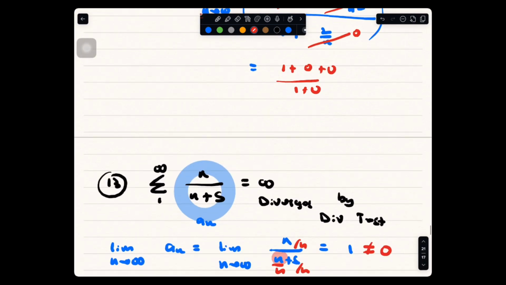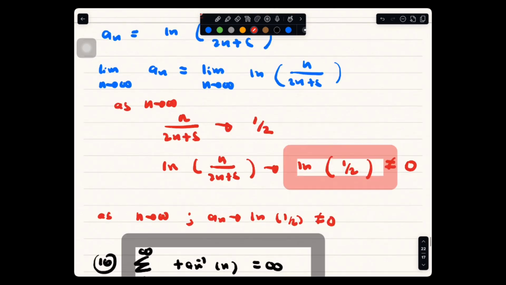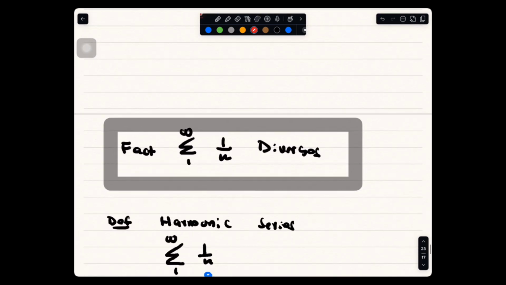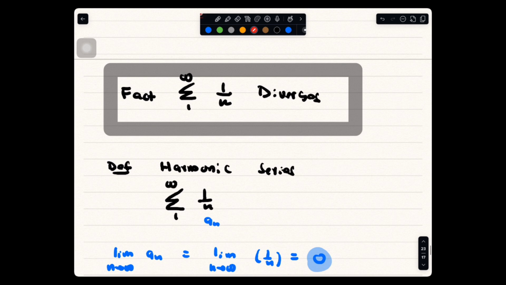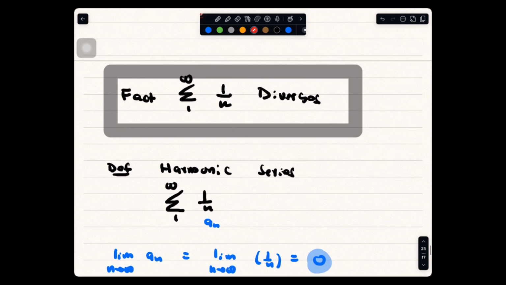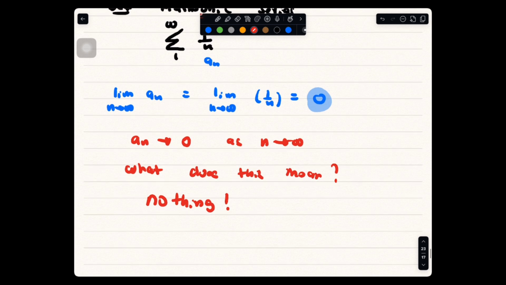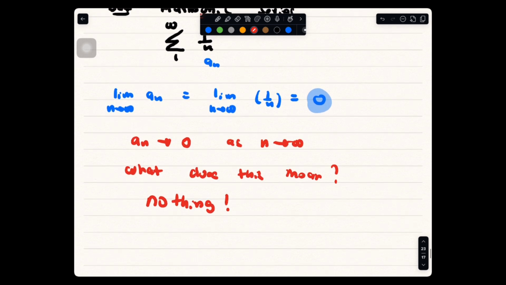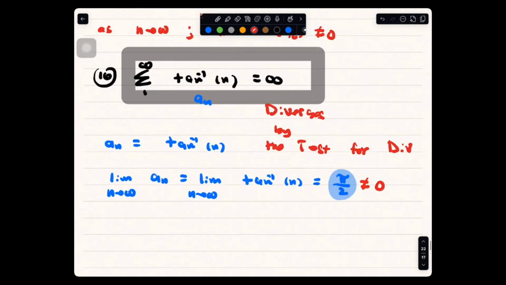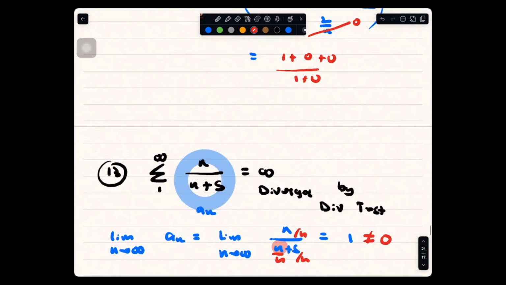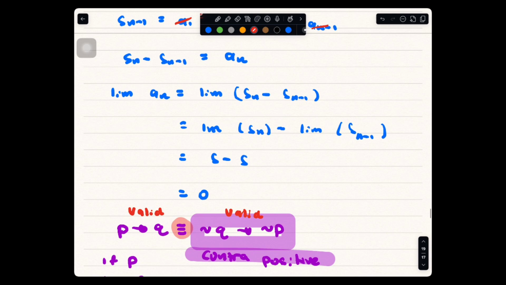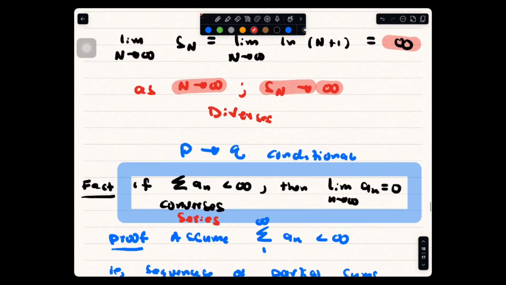Because I said to you guys, we'll prove tomorrow that the harmonic series limit of an equals 0, but it's a very famous divergent series. So just because you have an equal to 0 as n goes to infinity or an approaches 0, this does not mean anything.